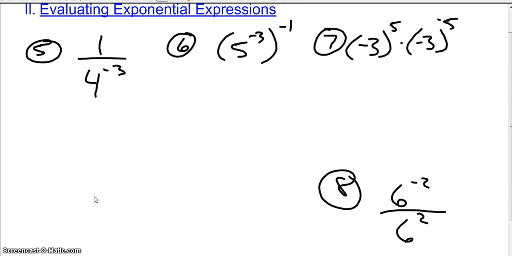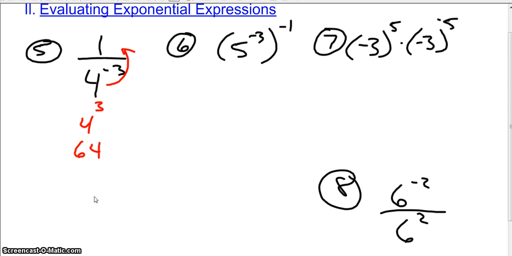Okay, the first one, again, we have a negative 3. So we would move this term to the inverse location and have 4 to the third. And when we evaluate that, 4 times 4 times 4 is 64. 5 to the negative 3 to the negative 1. So now we can apply the power of a power, right?